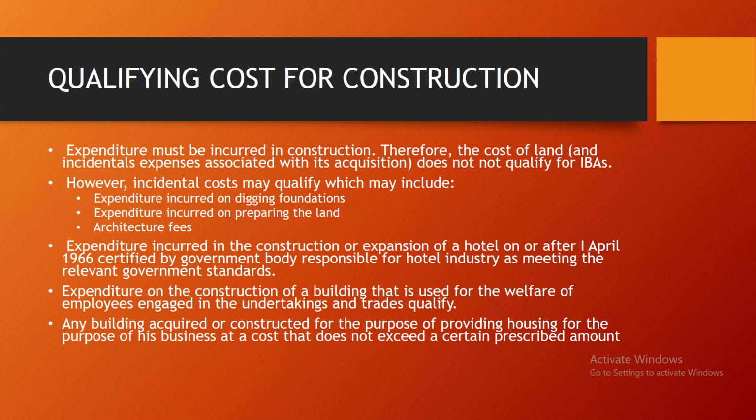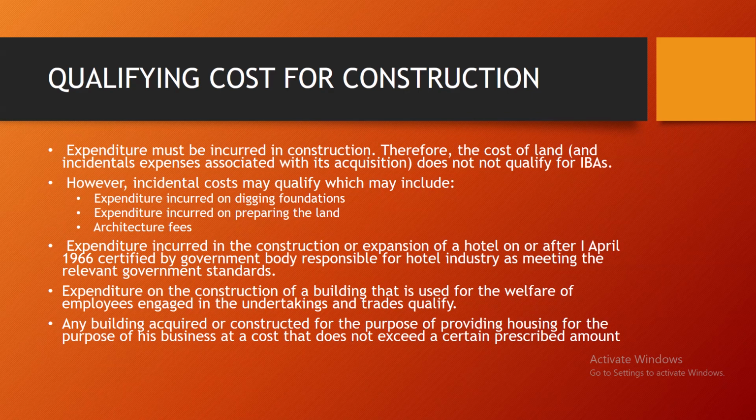However, the incidental costs that qualify for industrial building allowances include expenditure incurred in digging foundation, expenditure incurred in preparing the land, and expenditure that can be incurred to pay architectural fees.